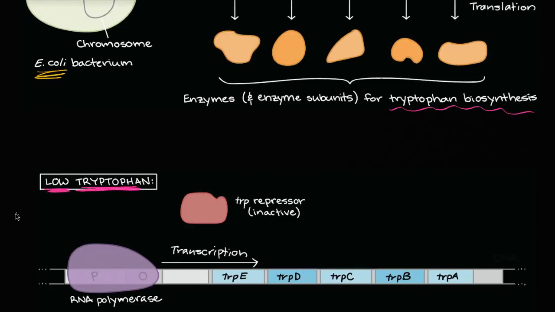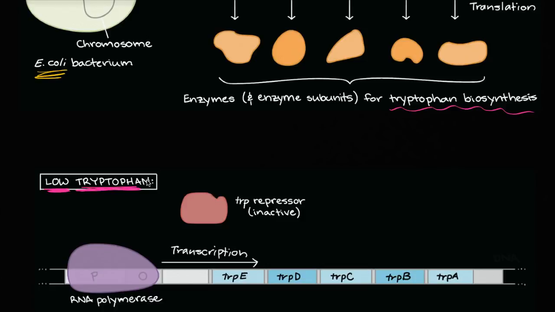That makes sense, that you want to create tryptophan if you're in an environment that does not have a lot of tryptophan. But what if we did have a lot of tryptophan? Well, if you have a lot of something around, you shouldn't waste energy creating more of it. You have to appreciate that all organisms that are around today are the byproducts of billions of years of evolution, and the ones that are selected for tend to be the ones that don't waste resources.